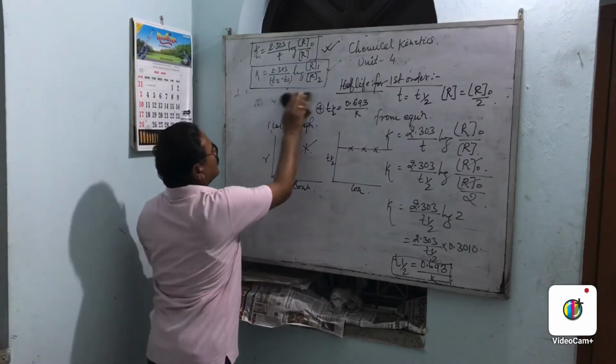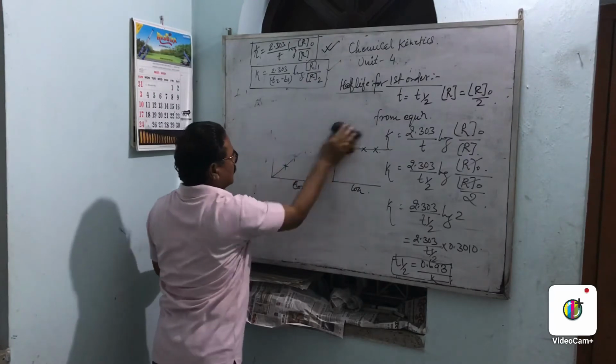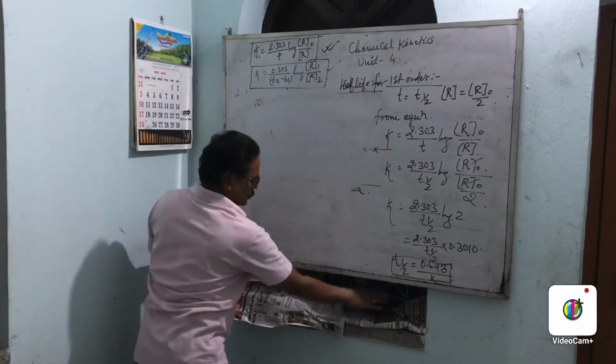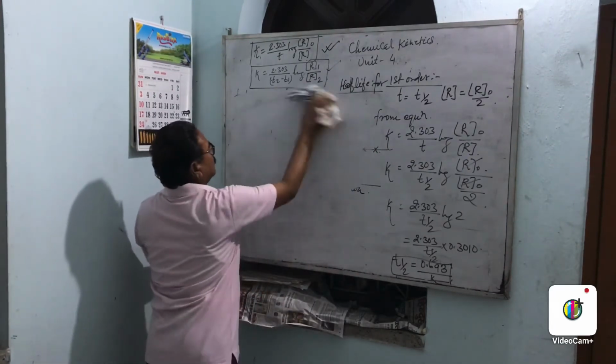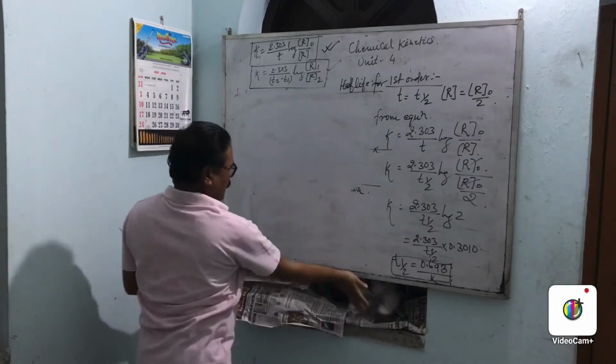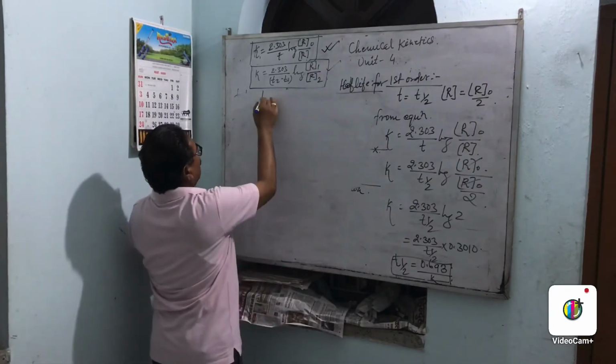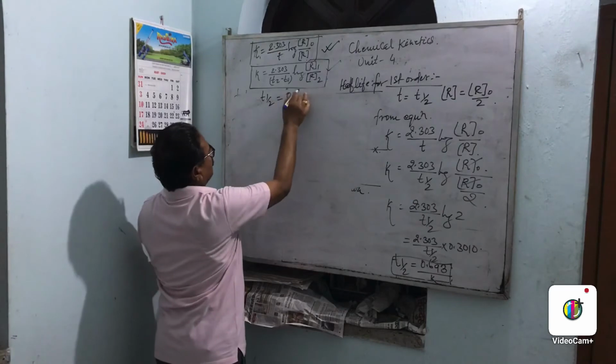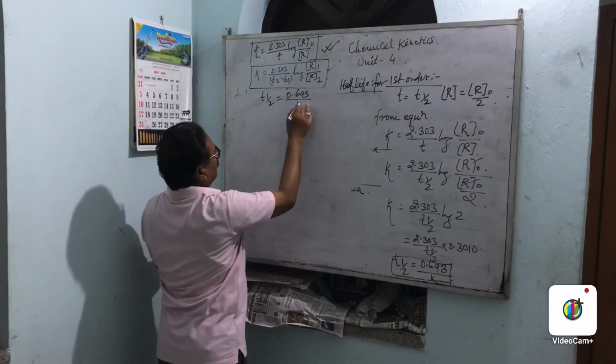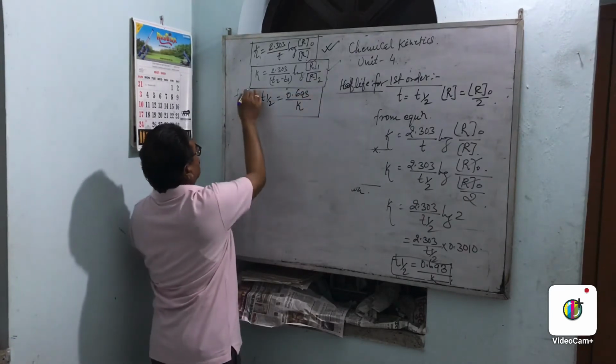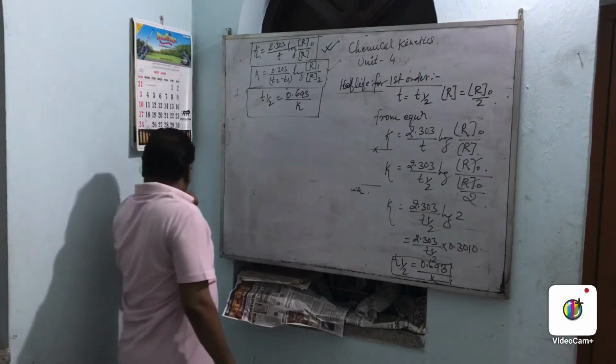So we have another collection of equations, that is T half. T half for first order is 0.693 by K. This is the equation. Sorry.